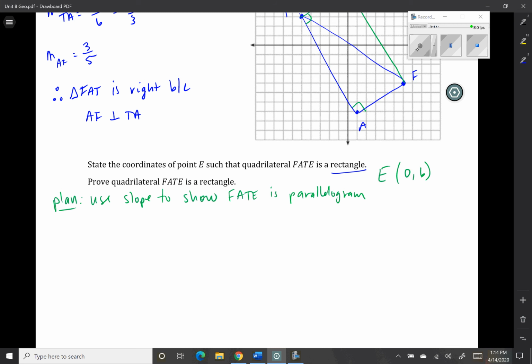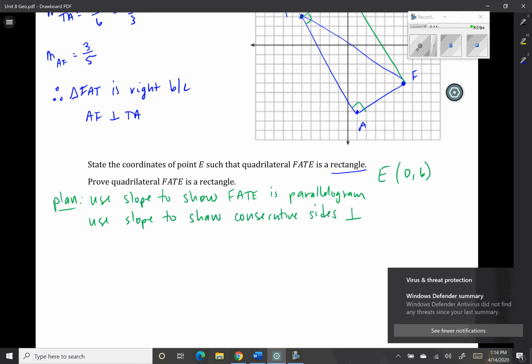I have to prove that first. Then the second part of my plan is to also use slope to show consecutive sides are perpendicular. So essentially, I just need to find 4 slopes.